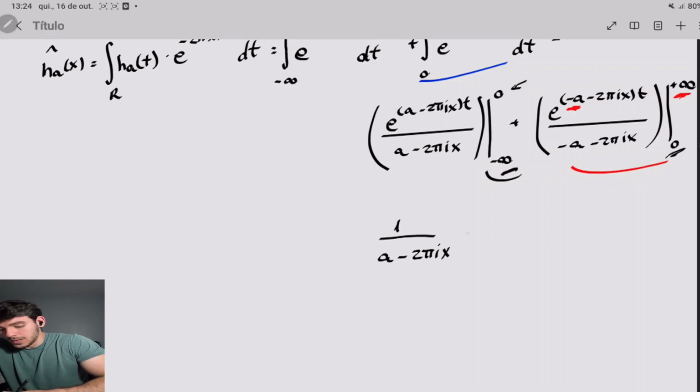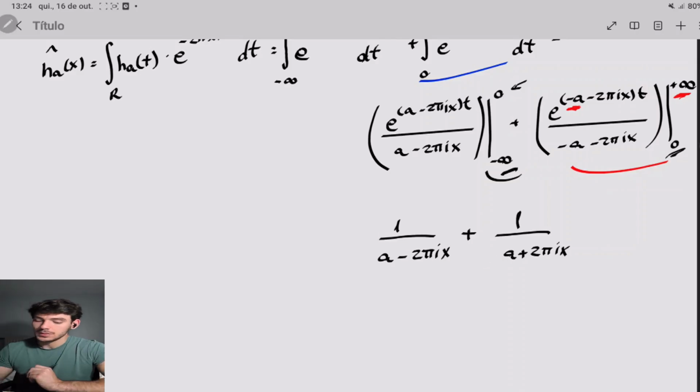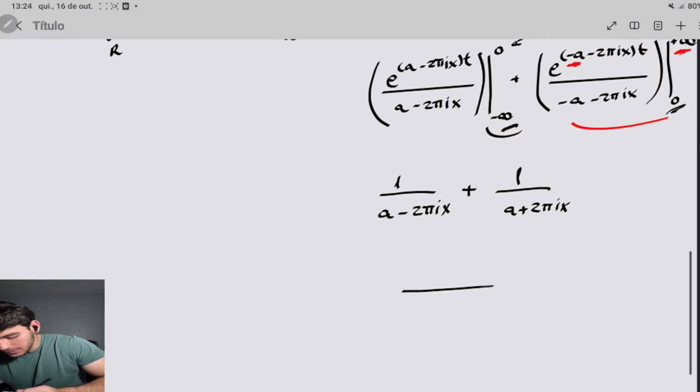So we'll have minus 1 divided by minus a minus 2 pi ix. We can cut this minus here with those minuses here. So I will just write it as a plus here and a plus here. Okay, so basically we'll have this. And now in order to solve this, we're just going to multiply the denominators.